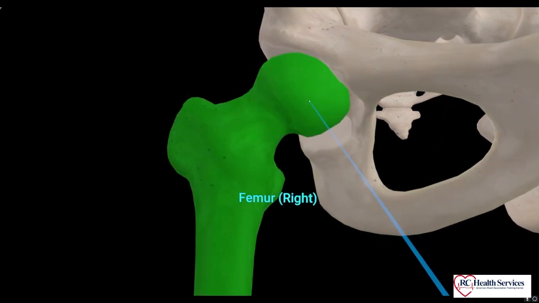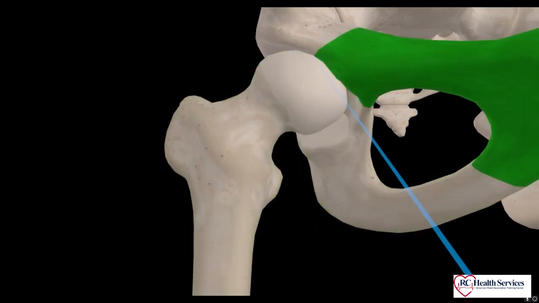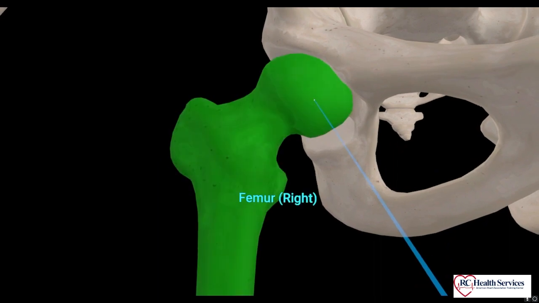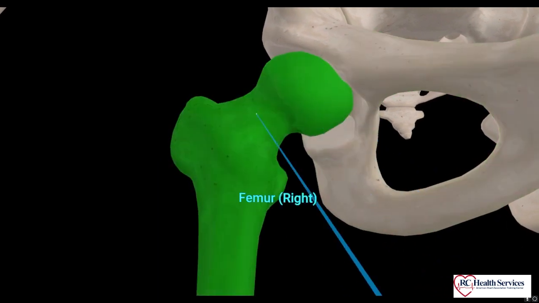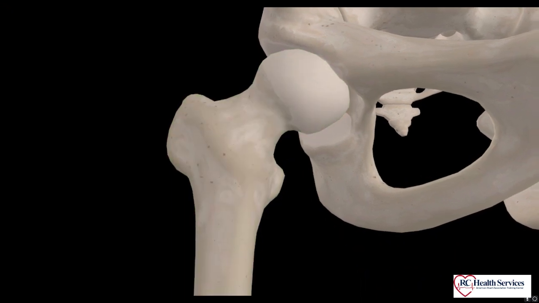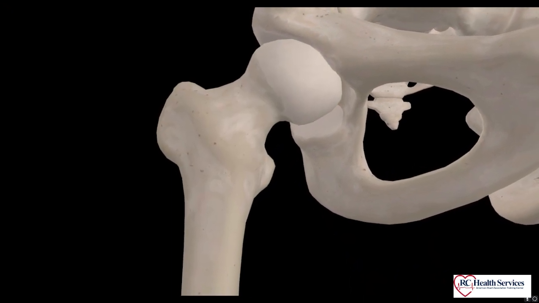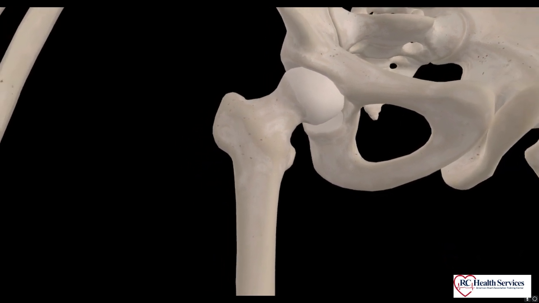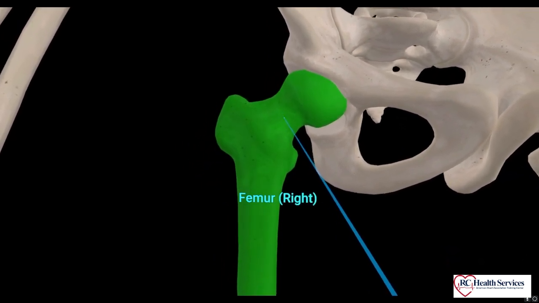So the greater trochanter fits inside of the acetabulum. Whenever we're talking about hip fractures, we're actually talking about that neck and the greater trochanter. Most of the hip fractures are going to, again, be at that neck of the femur.